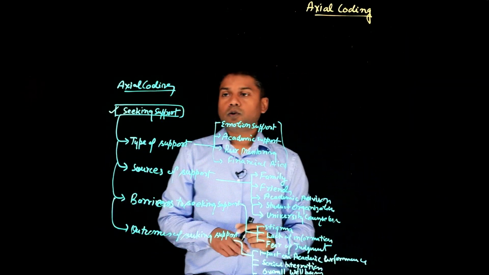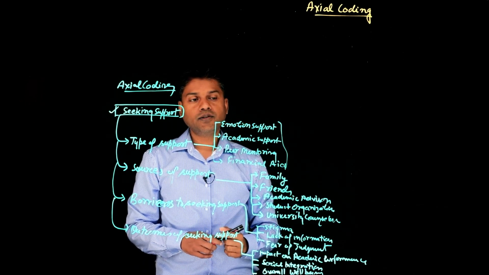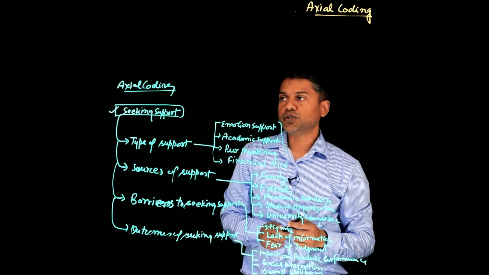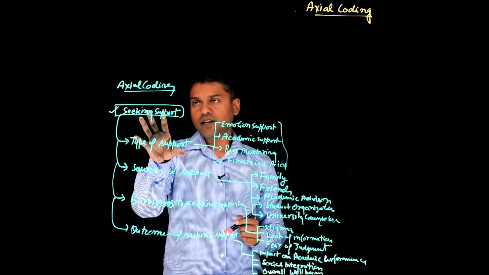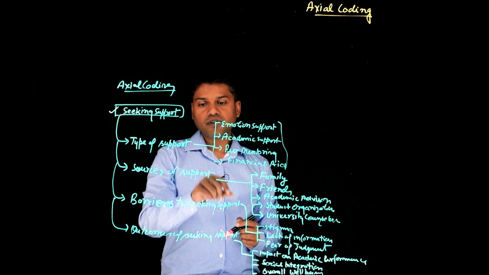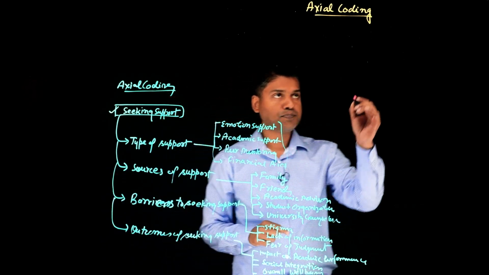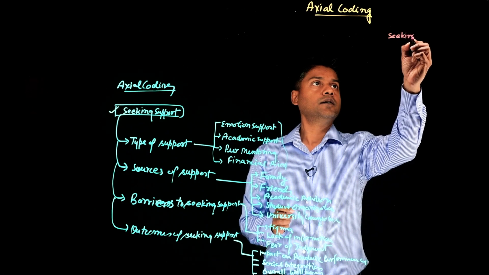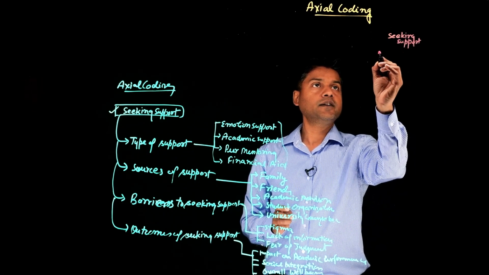All right, so the final task in axial coding is establishing relationships, and you could see these are the categories and subcategories that we have developed as part of the axial coding process. So what I could do, let me create seeking support. That's our category.